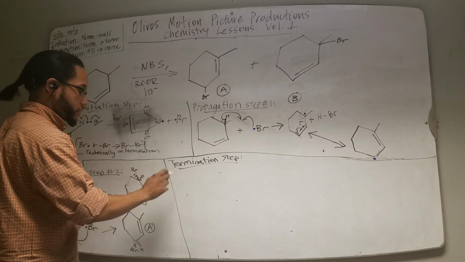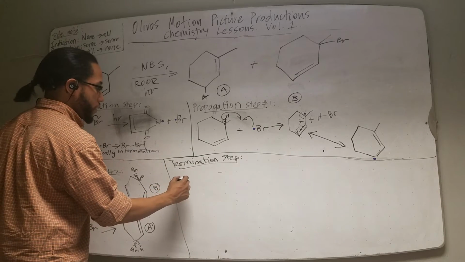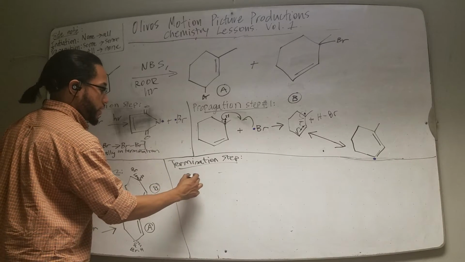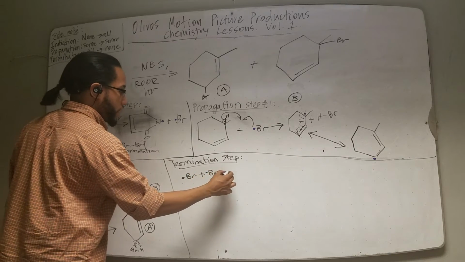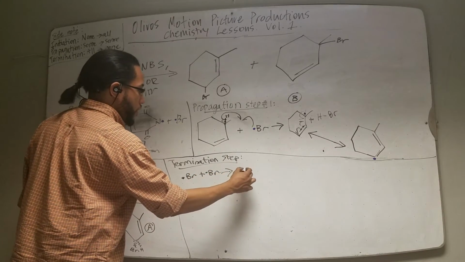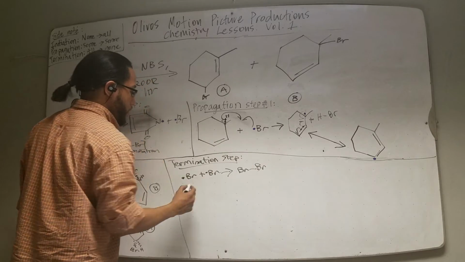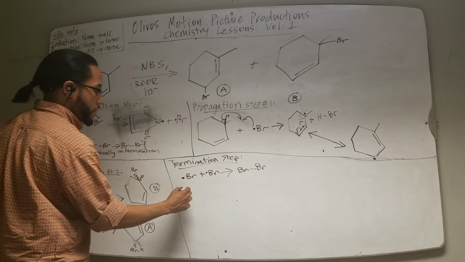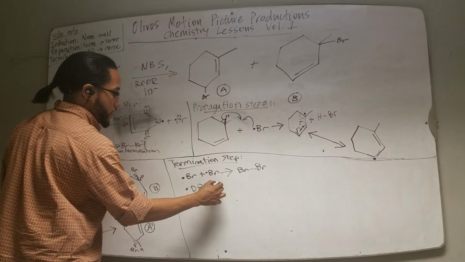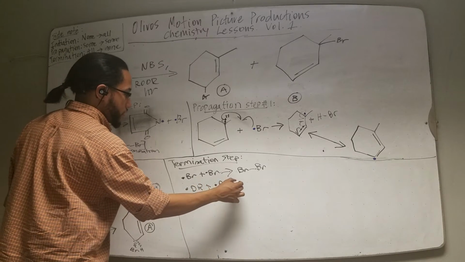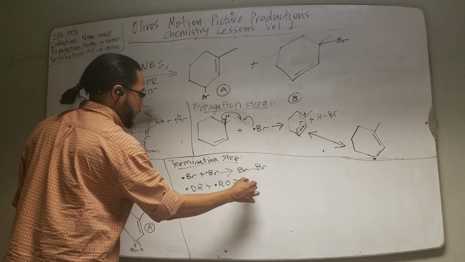All right. So going over here, in the termination step, all the radicals you ever formed now finally get combined, and then you would just have your Br. So you have all these different combinations of radicals. You have more ORs and your peroxide forming.